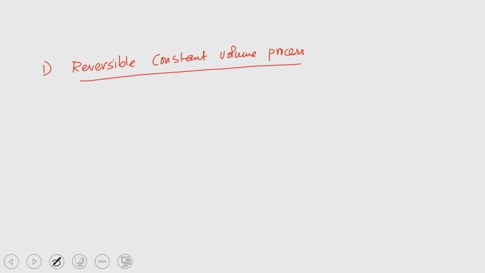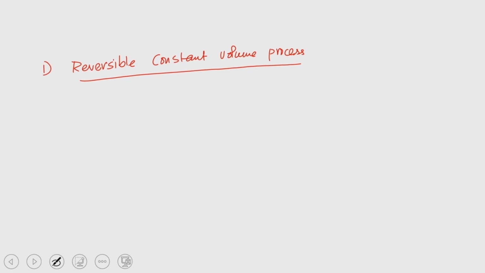So, if we write first process number 1, that is reversible constant volume process. Reversible constant volume process.